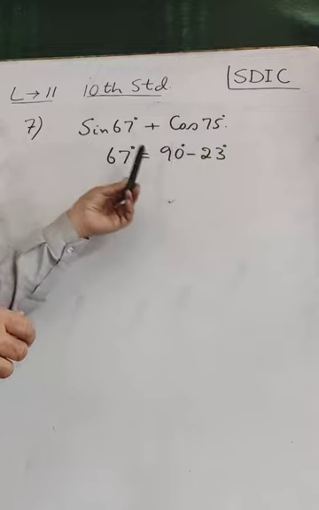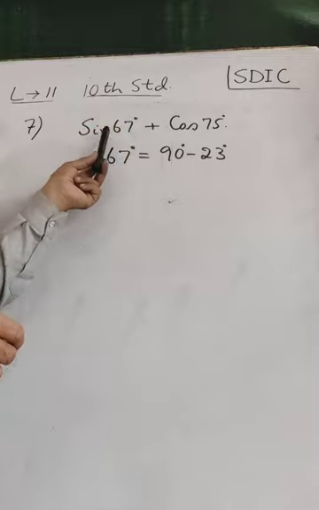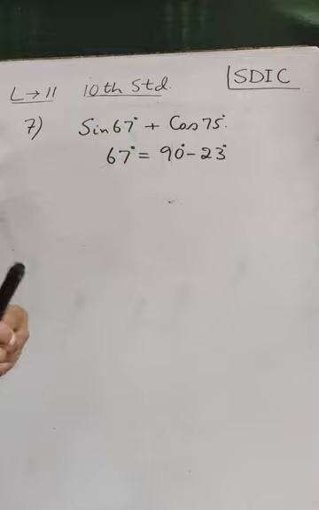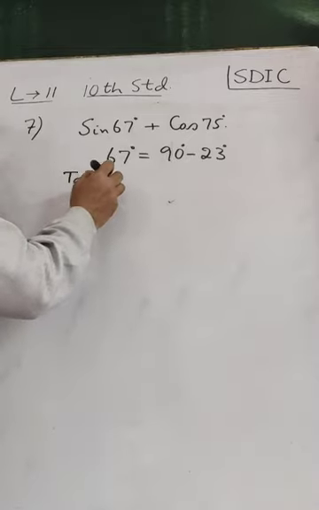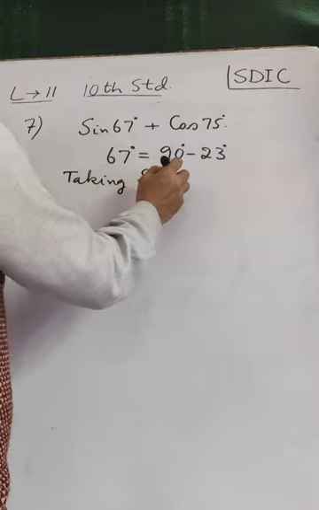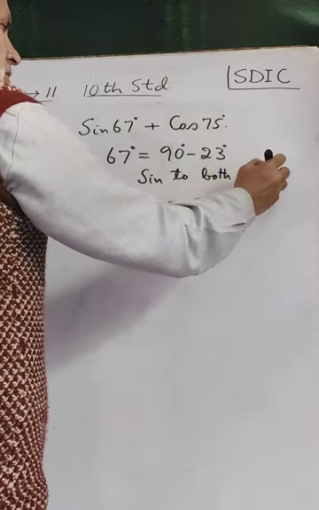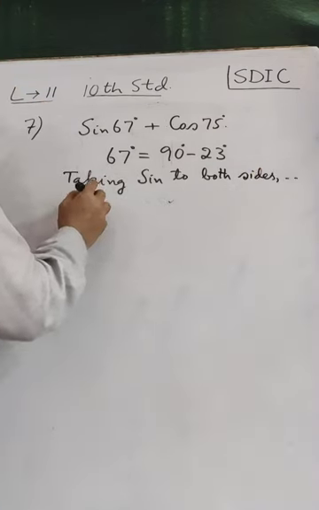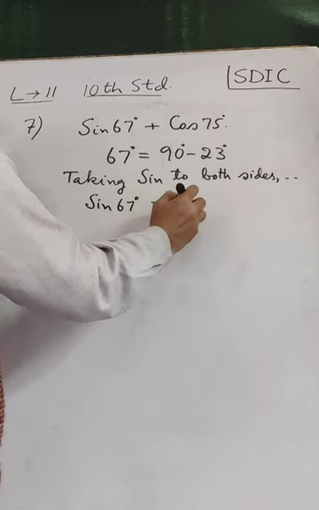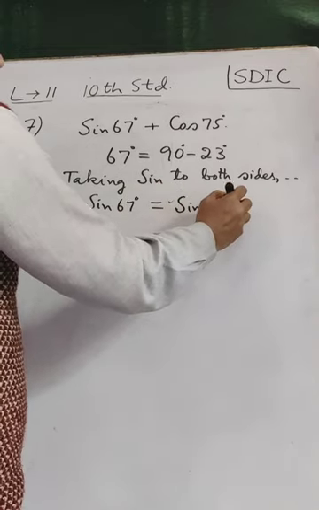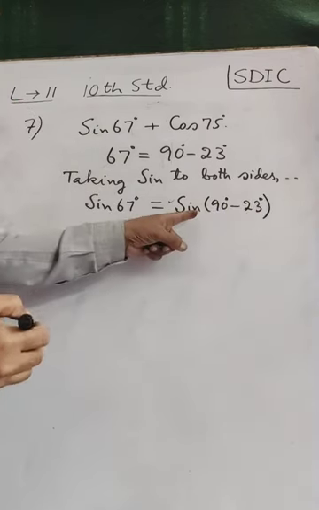And then this will change the shape of the part of the expression in sine 67. We would like to have sine 67 here. To do that, you'll have to take sine to both sides. Taking sine to both sides, we get sine 67 degrees is equal to sine 90 minus 23 degrees. Then use the complementary relation.